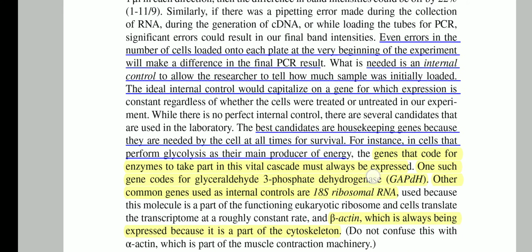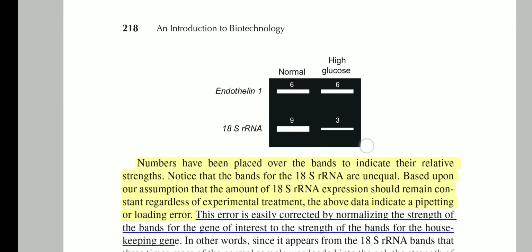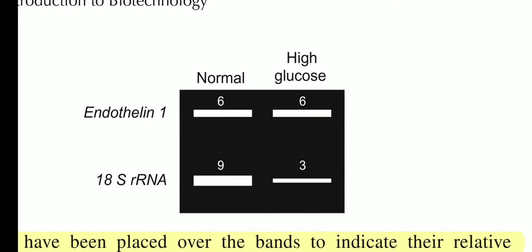So let me show you this picture, you will understand better. In this case you can see that in both the samples we have taken cells, and according to our hypothesis, this 18S rRNA is a type of rRNA which we can also treat as a homeotic gene.